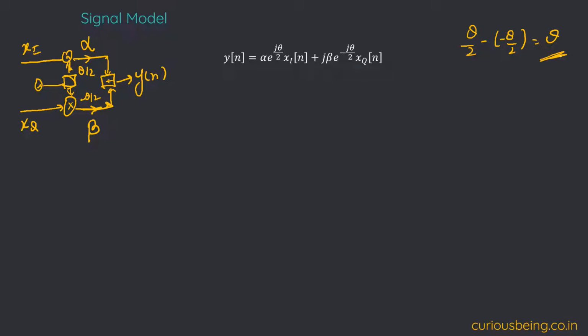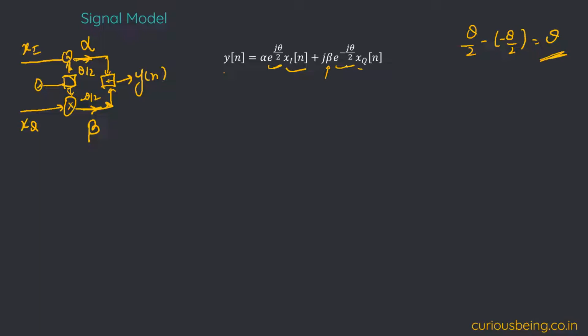In that way, we can write our received or transmitted signal, or the impaired signal. I'll say impaired signal here because that is applicable to both Tx and Rx. So x_I will be multiplied by gain alpha and phase shift e to the power j theta by 2. Similarly, x_Q, gain beta, and because of the phase shift, it is e to the power minus j theta by 2.